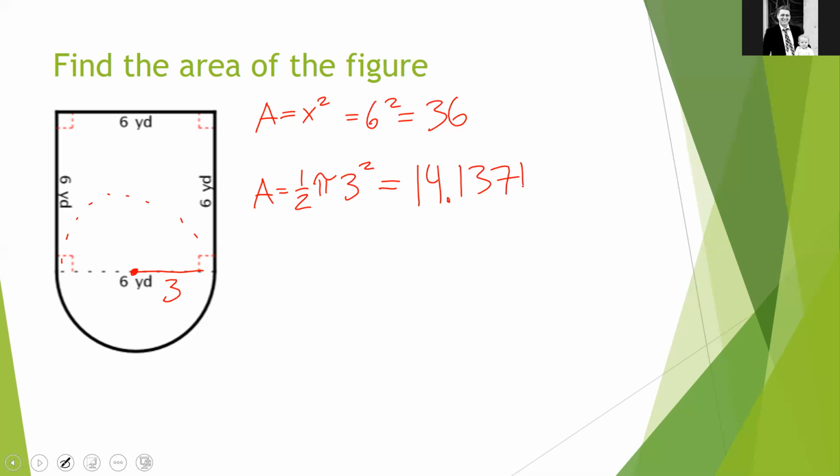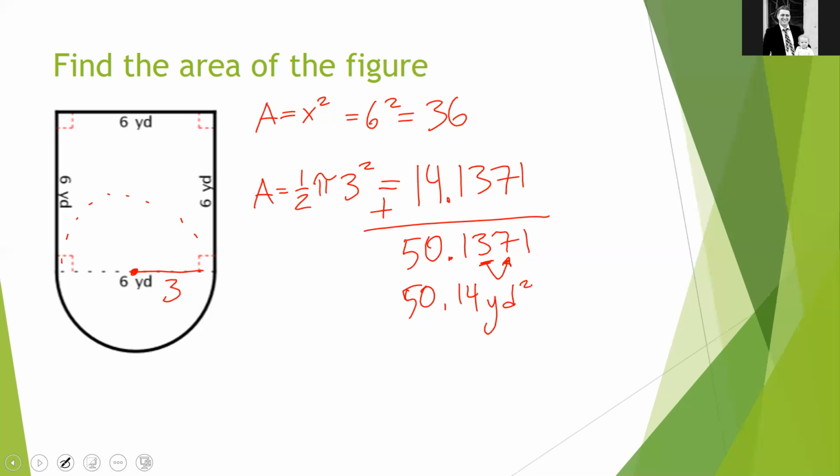We're just going to round. So let's add those together. We'll get 50.13715, and so on. We'll round to the nearest hundredth. So the 7 will make the 3 round up. So we'll have 50.14. And in this case, we're working in yards squared.